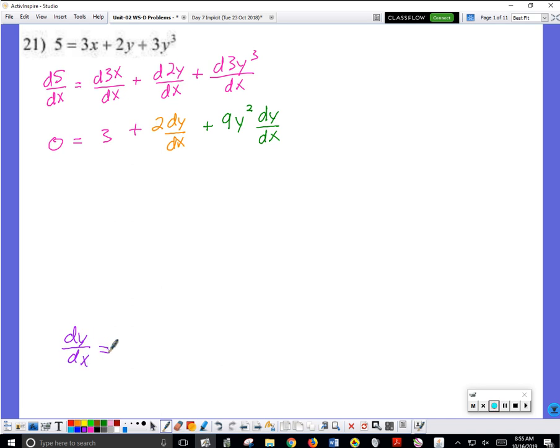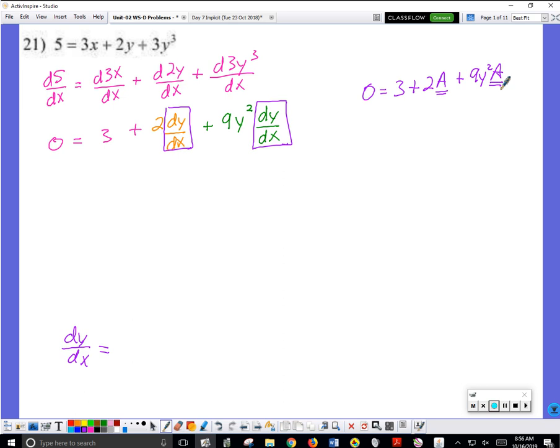And I'm pretty close. Here's dy dx, here's dy dx. It's just an equation like this. All we really have here is 0 equals 3 plus 2 times, we'll call it capital A, plus 9y squared capital A. We're just trying to solve for capital A. That's all we're doing.